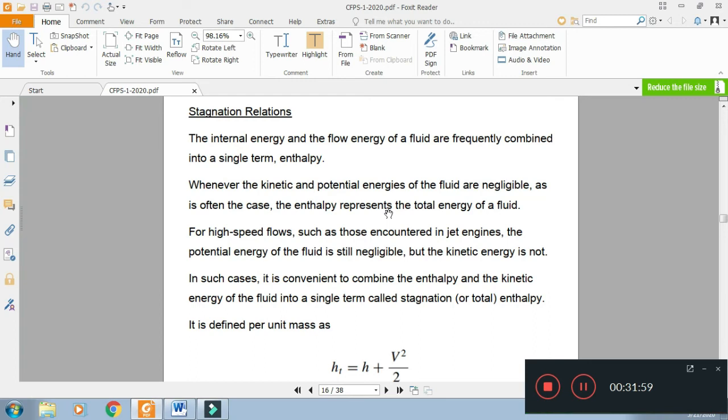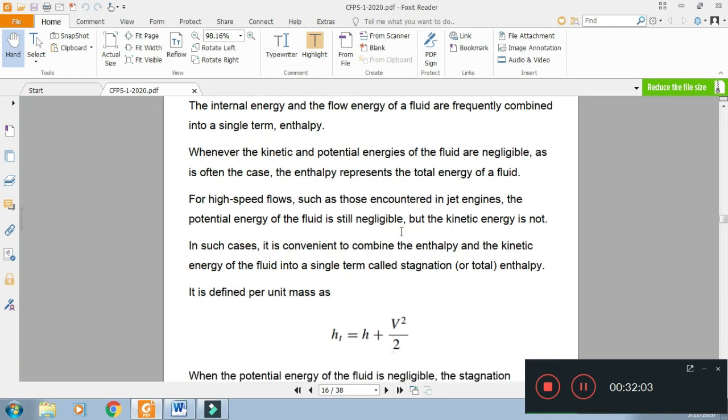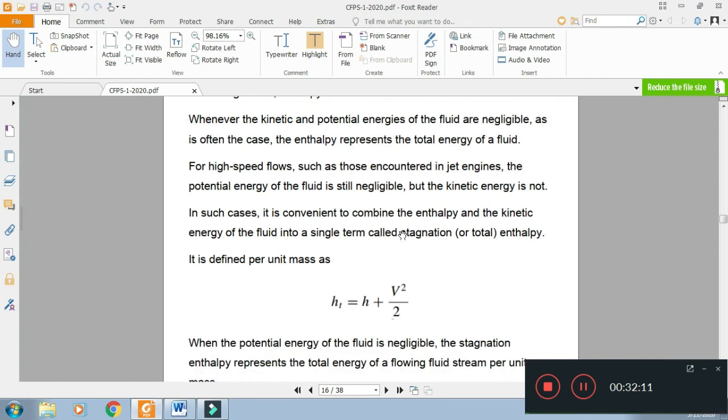For high speed flows such as in jet engines, the potential energy change is still negligible, but the kinetic energy change is significant. In that case, we combine the enthalpy or static enthalpy with the kinetic enthalpy or dynamic enthalpy.